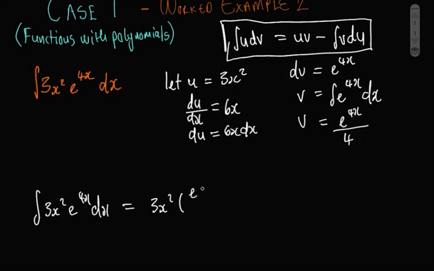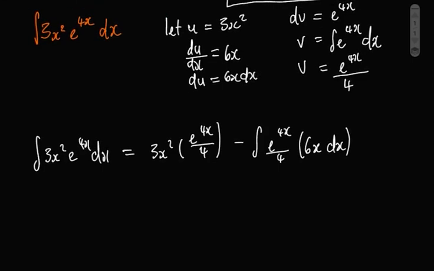My v is e to the 4x divided by 4, and we subtract the integral of v, which is still e to the 4x divided by 4, now multiplying du. What is my du? du is 6x with respect to x. So what am I going to have? I have the integral of 3x squared multiplying e to the 4x with respect to x.